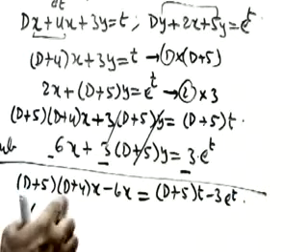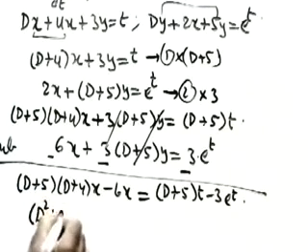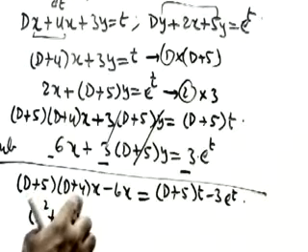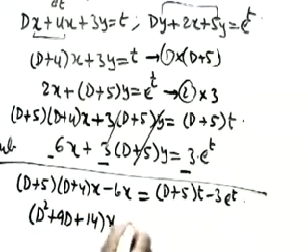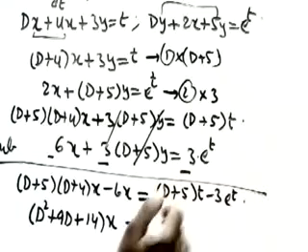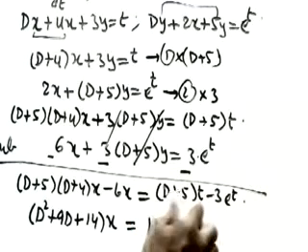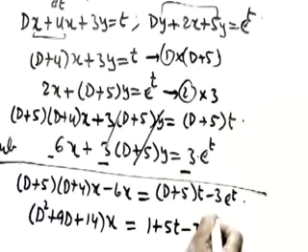Next step, take x common: D into D is D square, D into 4 is 4D, plus 5D is 9D, plus 5 4s are 20, 20 minus 6 is 14, into x equals to, now see here, D of t means d by dt of t, which is 1, so 1 plus 5t minus 3 e power t.